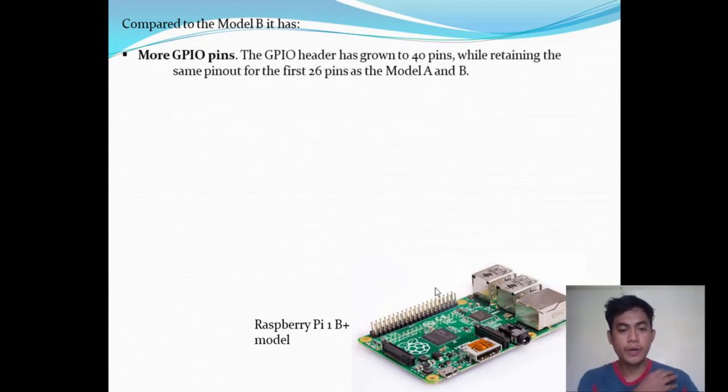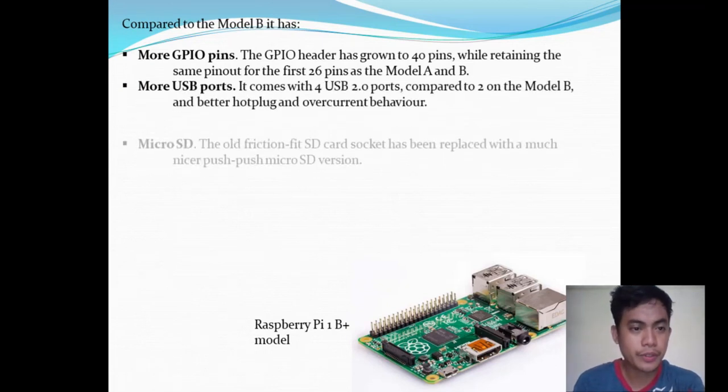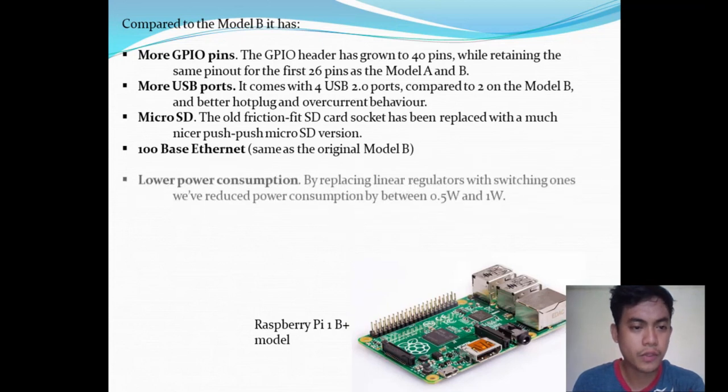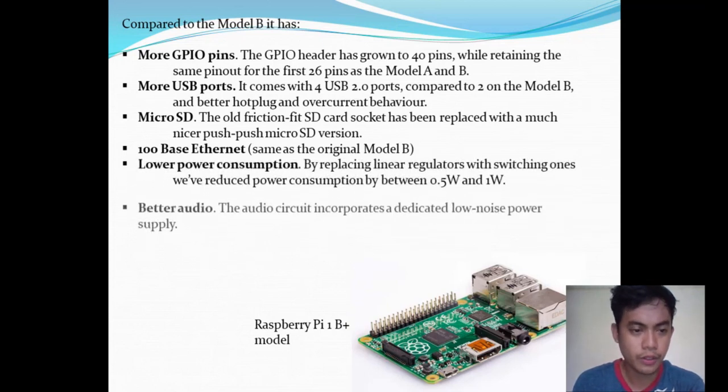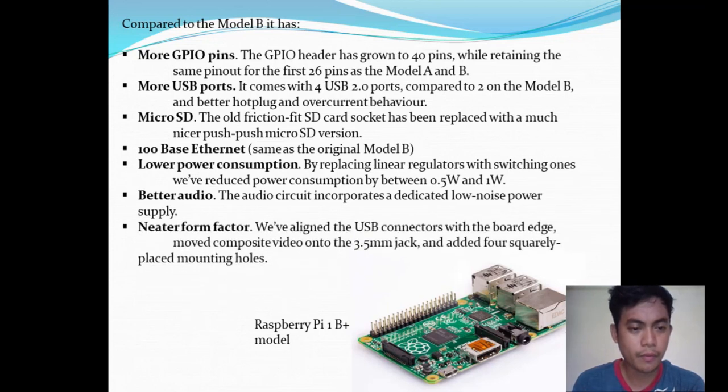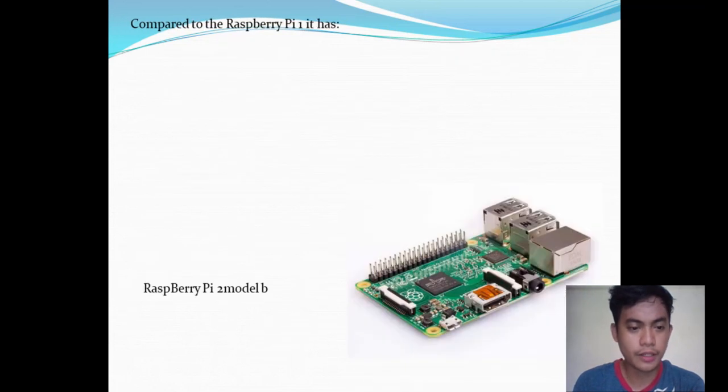The Raspberry Pi 1 B Plus model has more GPIO pins, more USB ports, micro SD, 100 base Ethernet, lower power consumption, better audio, neater form factor. And next is the Raspberry Pi 2 Model B.